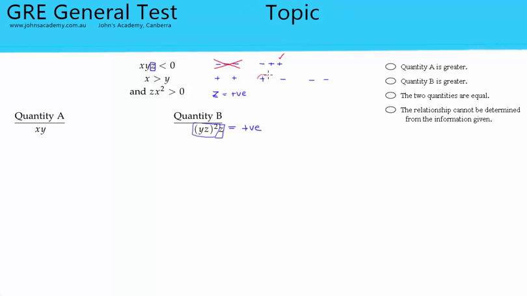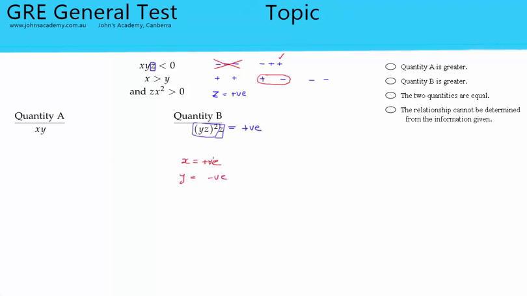It's basically this case here, because that's x and y. Because x is greater than y, the positive number must be taken by x and the negative number must be taken by y. So we know that x is a positive number and y is a negative number.